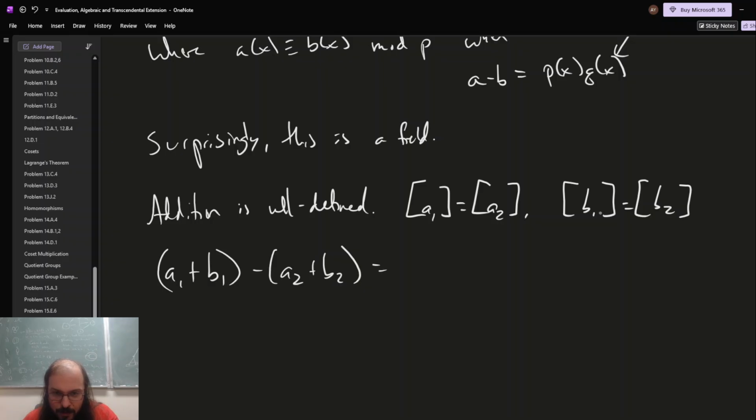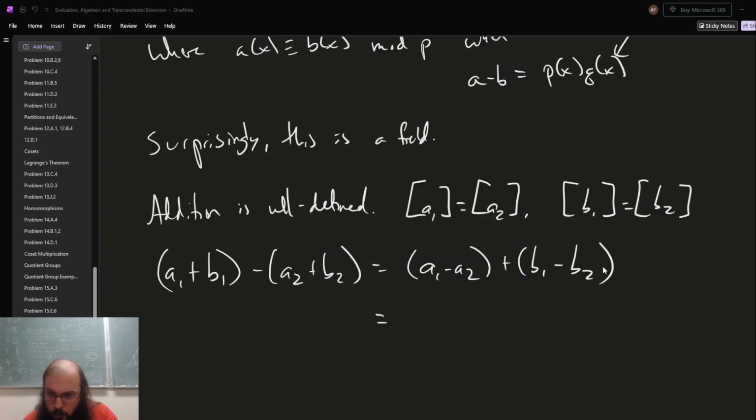We're trying to add these things, and I'm taking the difference of their representatives. The hope is that this gets me 0. If I do this, I can rearrange to get A1 minus A2 plus B1 minus B2. And this is already promising because these things being in the same class means that their difference is a multiple of p. Same thing with these. So we expect that if we do a little bit of algebra and we're careful, life will be good.